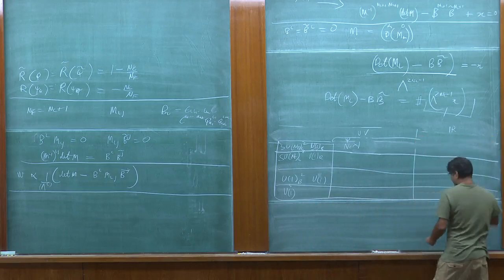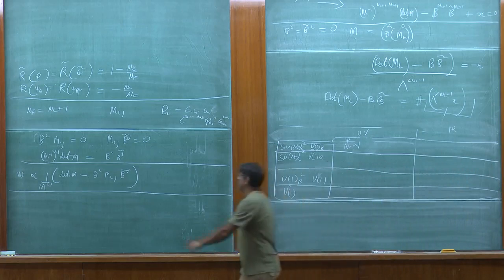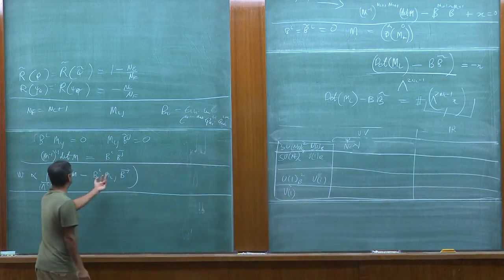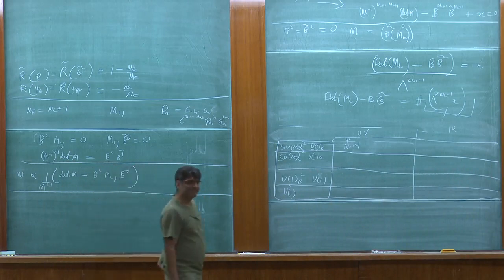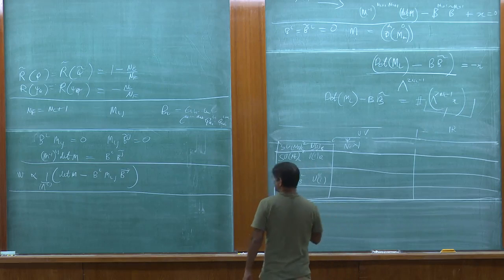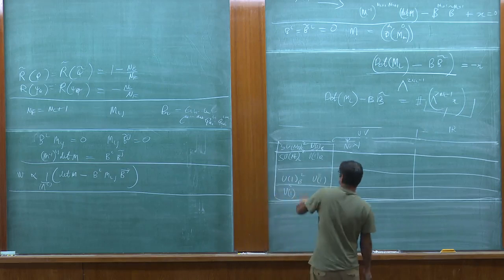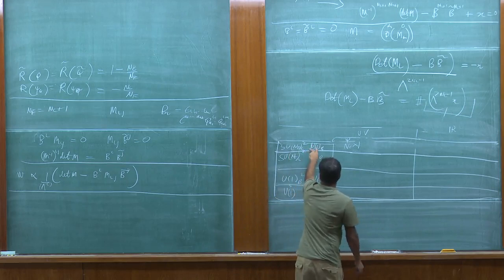Now let's look at these fields. Here what we have are the fields M, Bi and B tilde j. So we want SUNF left squared times U1 baryon.